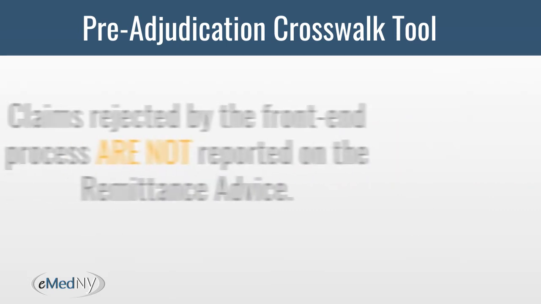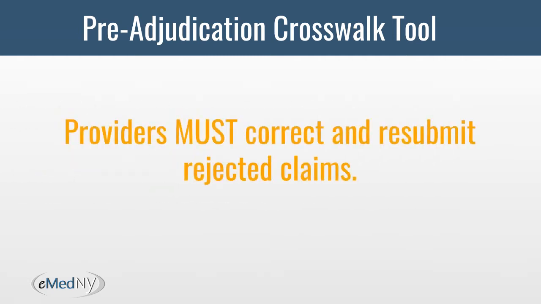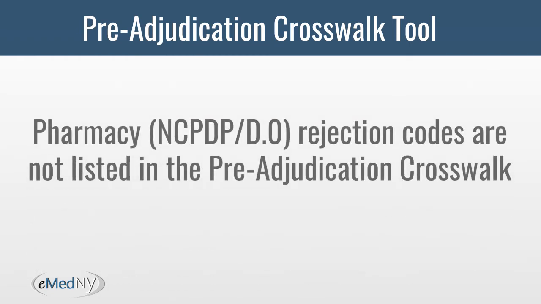This is because claims rejected by the front-end process are not reported on the remittance advice. Providers must correct and resubmit rejected claims. Please note that pharmacy, NCPDP, D.0 rejection codes are not listed in the pre-adjudication crosswalk.